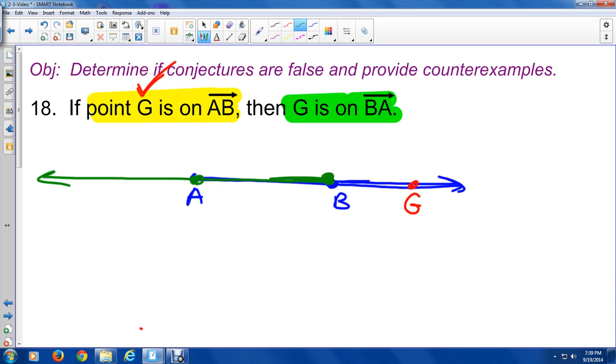In this case, it starts at B and goes infinitely to the left through point A and keeps going. But is G on that ray? No, G isn't. G is on the other side of B. Therefore, I have effectively come up with an example where my hypothesis is true and the conclusion does not follow, G is not on ray BA, and that would be my counterexample. So sometimes you can just draw a counterexample, and that's the best way to show it.